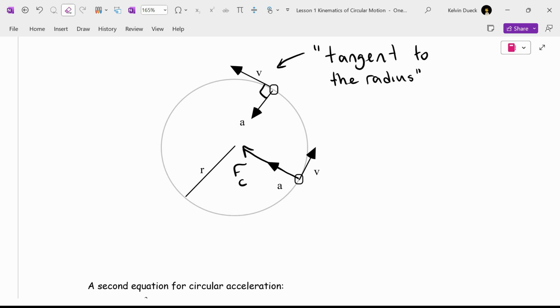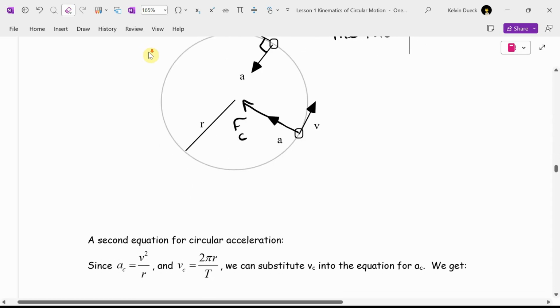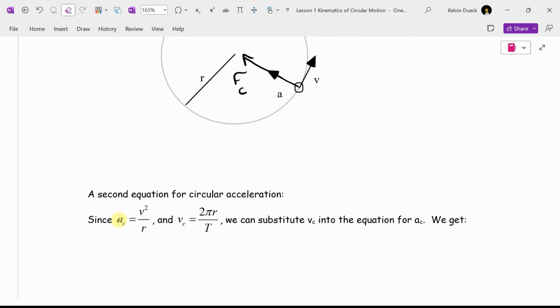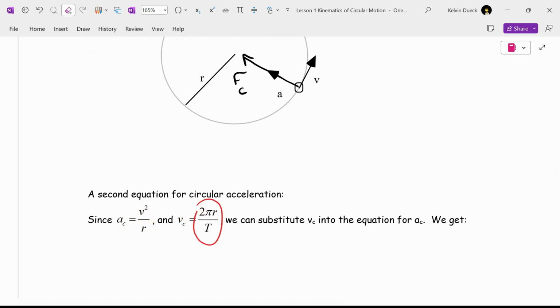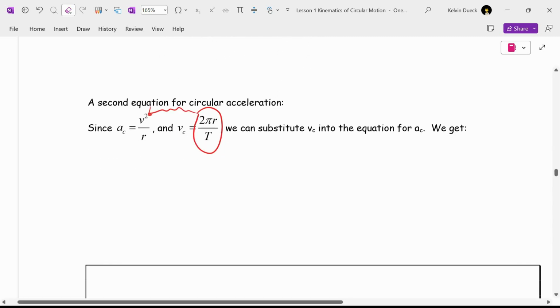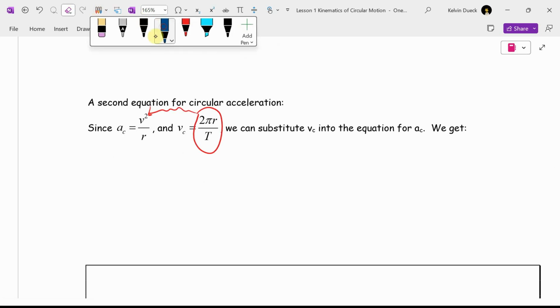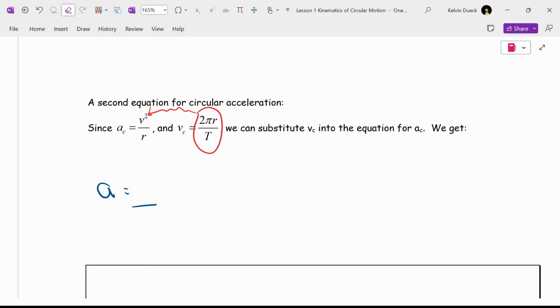There's a second equation for circular acceleration. Because circular acceleration is v squared over r, but v is 2 pi r over the period, I can substitute this into the v. I'll get A equals, over r, 2 pi r over the period, all squared.